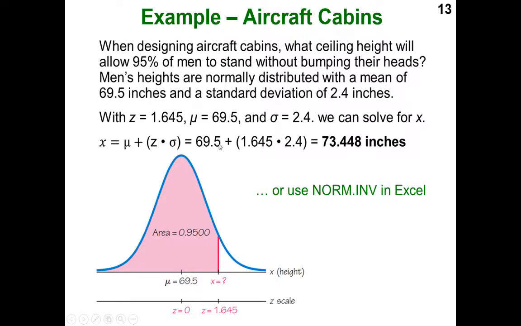So in this case, 69.5 plus our Z for 95%, which is 1.645, times the standard deviation of 2.4, gives 73.448 inches. So that is the approach that you would take if you're not using Excel, but that's not us.